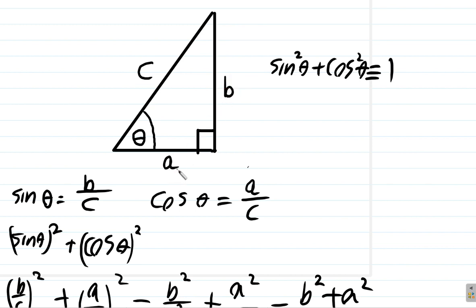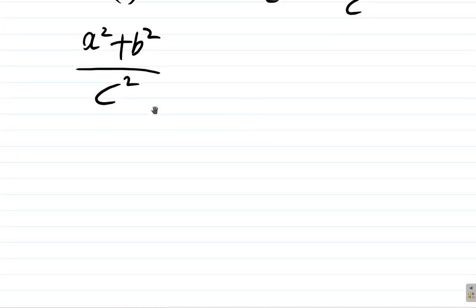Remember, it says that the square on the hypotenuse is the sum of the squares of the other two sides. So, c squared is equal to a squared plus b squared. Let's write it down below. C squared equals a squared plus b squared, same thing as saying a squared plus b squared equals c squared. You see that?